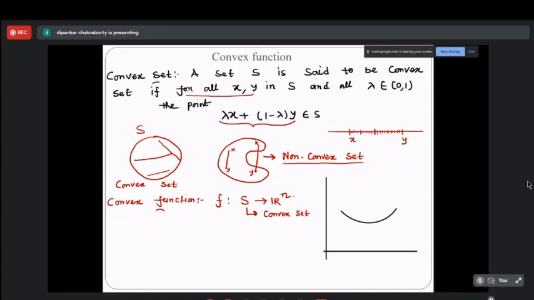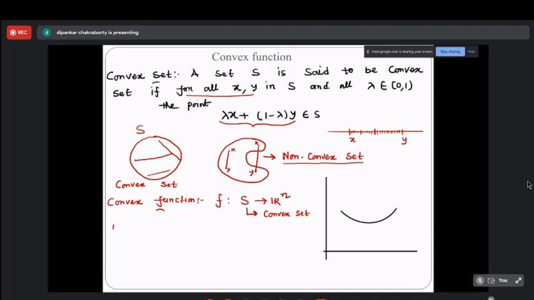Rn means basically I am considering in general. If it is a function of one variable, it will be R. If it is a function of more than one variable, it may be, depending on what n you have to choose. Right? Now, when will it be called a convex function?